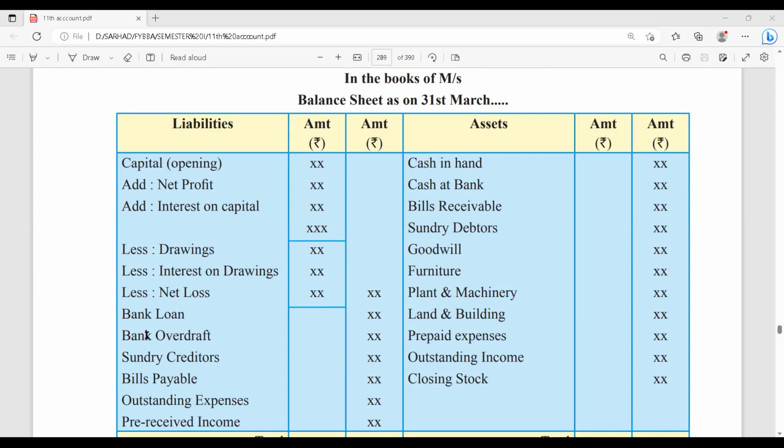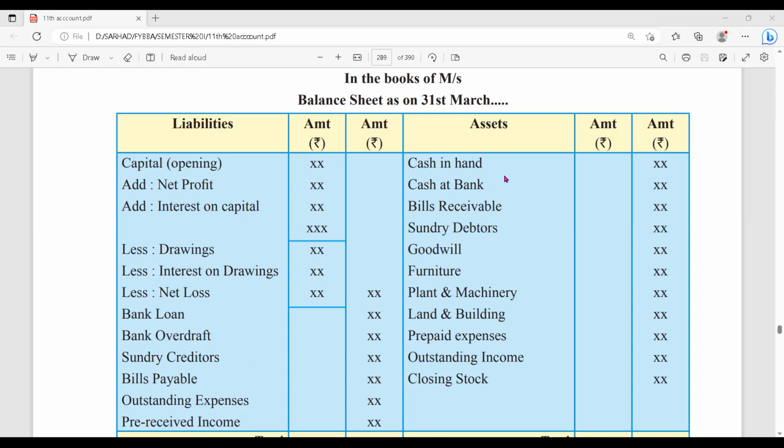Then other liabilities include bank loan, bank overdraft, sundry creditors, bills payable, outstanding expenses, pre-received income. These outstanding expenses, pre-received income, and interest on capital will be part of the adjustments, so you will know where these amounts came from. We will see that in the adjustment part.